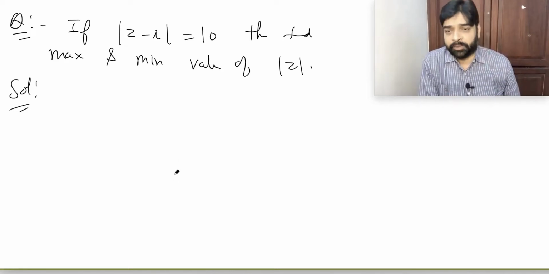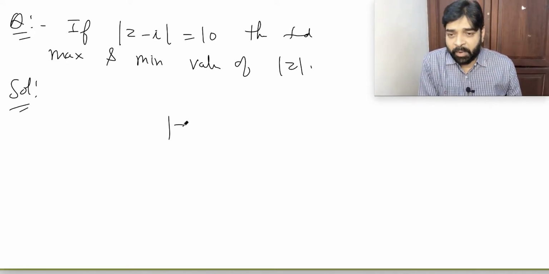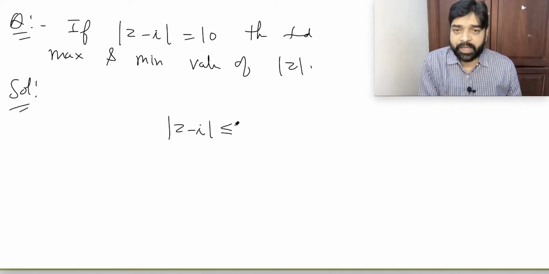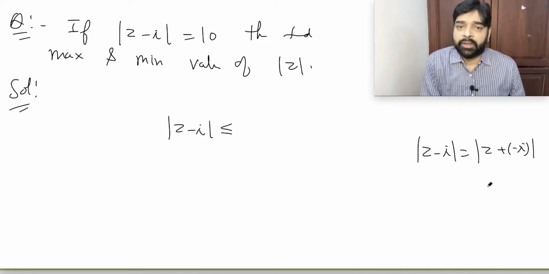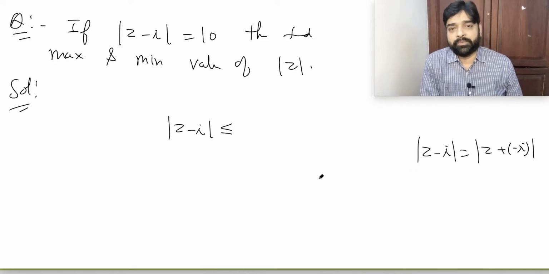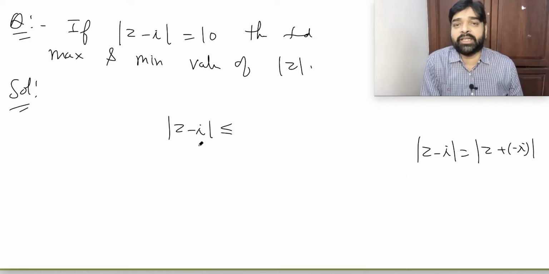So what I will do, I can say mod of z minus i will always be less than or equal to, think carefully, this value mod of z minus i can be written as mod of z plus minus i. So mod of z1 plus z2. What is z1? z. What is z2? Minus i.